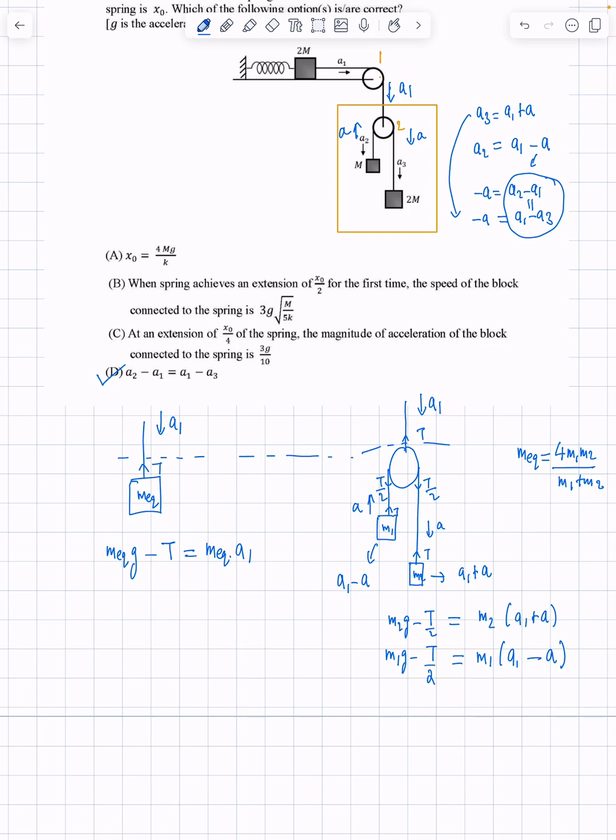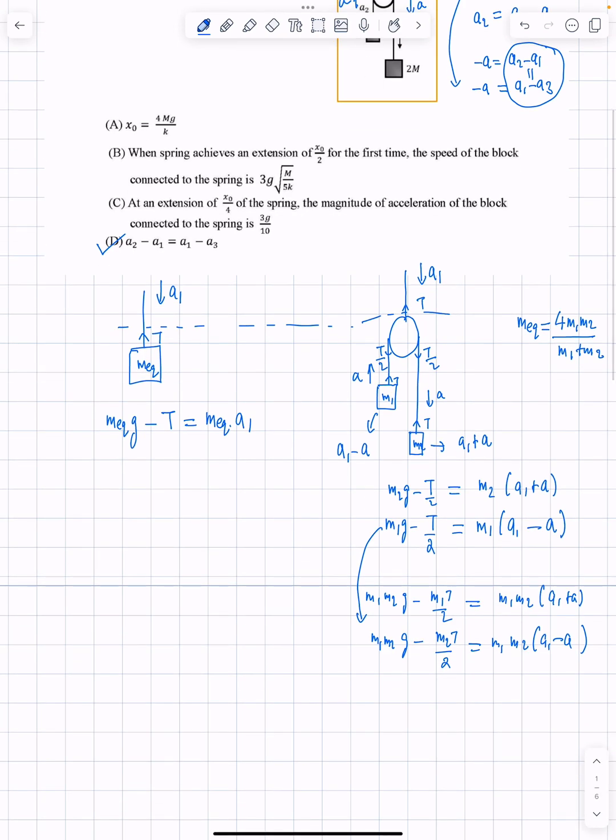So I can multiply the first equation by m1, giving m1m2g minus m1T over 2 equals m1m2 times (a1 plus a), and the second equation by m2, giving m1m2g minus m2T over 2 equals m1m2 times (a1 minus a). Once I add these two equations I'll eliminate a.